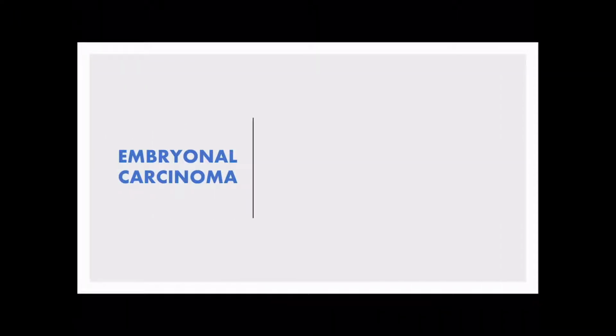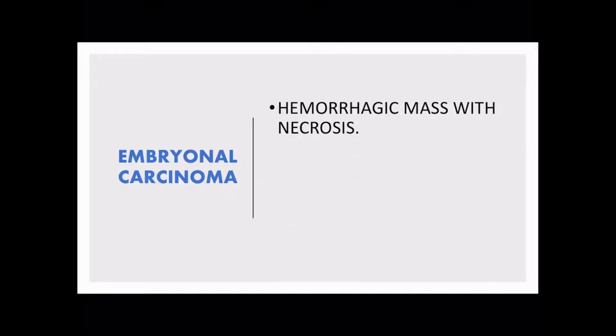Okay, to finish the lesson, I will start talking about embryonal carcinomas. These are malignant tumors that present as hemorrhagic masses with necrosis. They are usually painful and they have a very bad prognosis if we compare them to other tumors like, for example, seminomas.